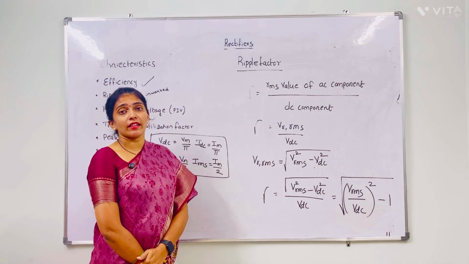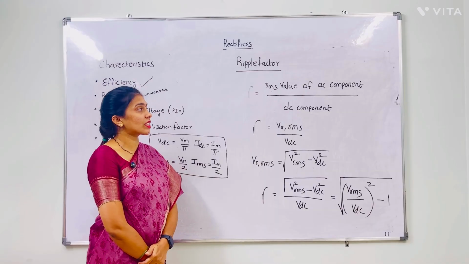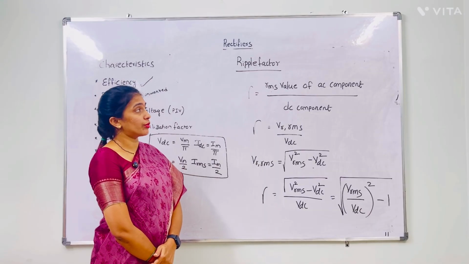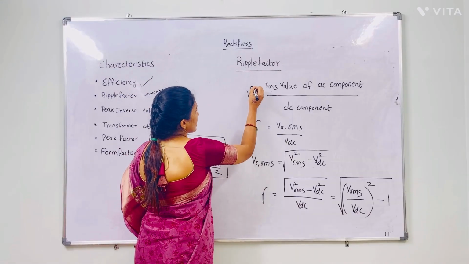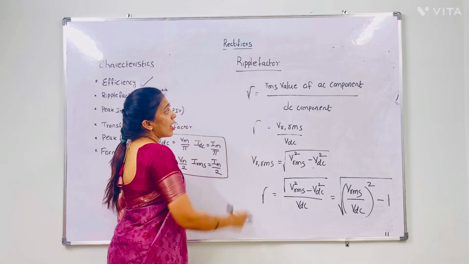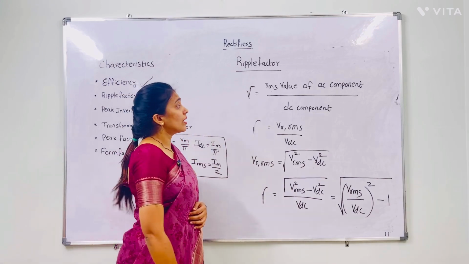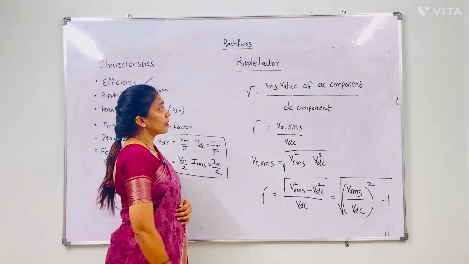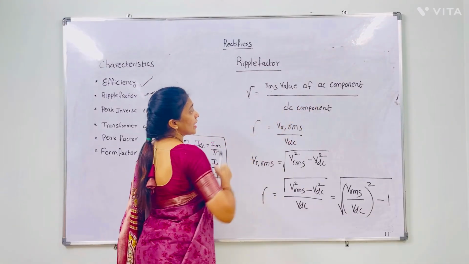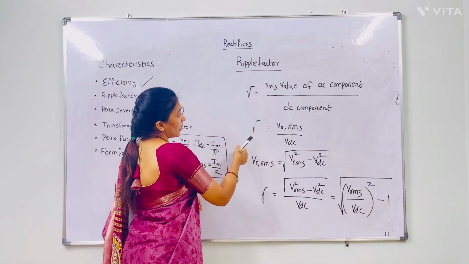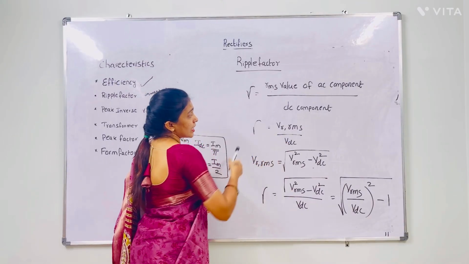Next characteristic is ripple factor. Ripple factor is the unwanted AC component present at the output. The formula of ripple factor, gamma, equals the ratio of the RMS value of the AC component to the DC component, that is gamma equals Vr RMS by VDC.